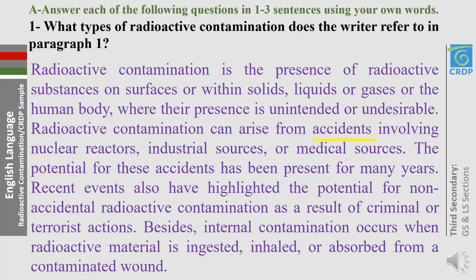So this is our second type, terrorist actions. Besides, internal contamination occurs when radioactive material is ingested, inhaled, or absorbed from a contaminated wound, and this is our third type. So these 3 types have to be included in our answer.